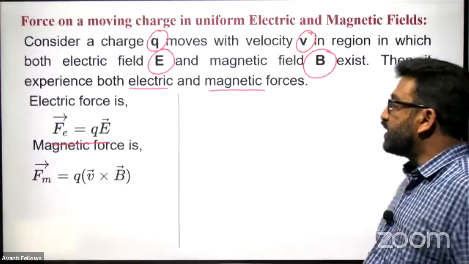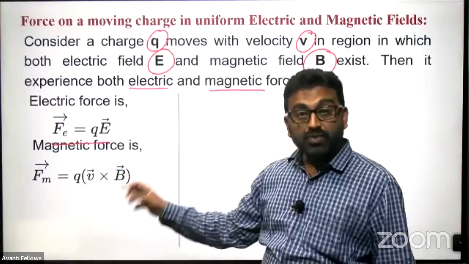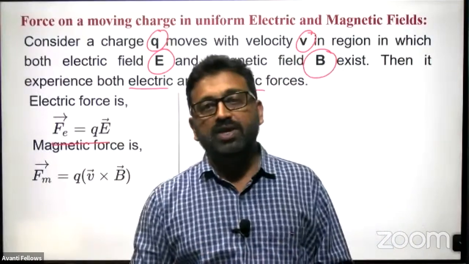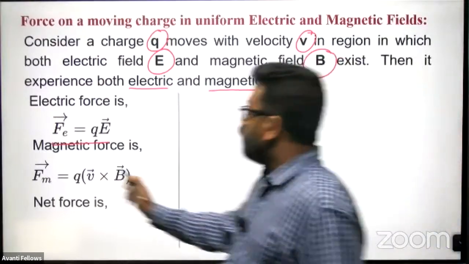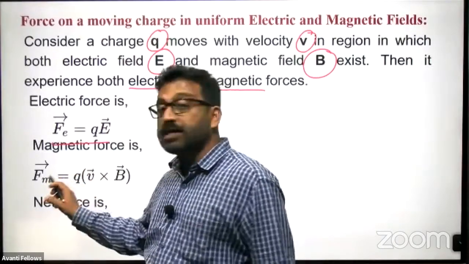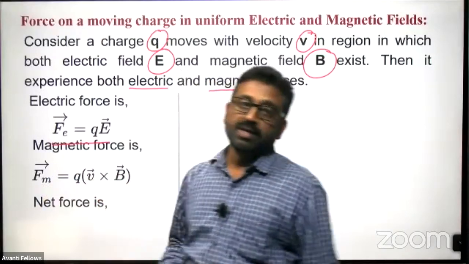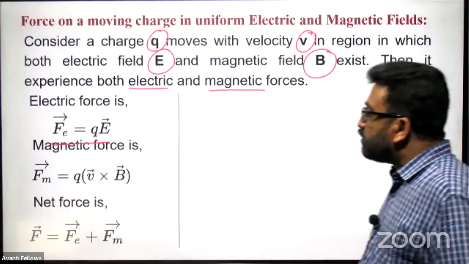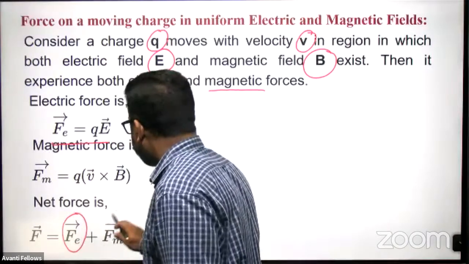The magnetic force, as we have seen just now, is F magnetic equals Q into V cross B, where V cross B means the cross product of V and B. The direction of F here will be perpendicular to both V as well as B. So the net force will be the sum of these two, that is force electric plus force magnetic.